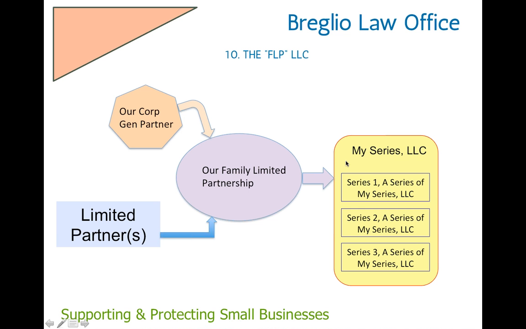That is bad because the owner of that LLC is the partnership. So the money from the LLC has to go to its owner, which is the partnership. And then when money comes out of the partnership, it has to go to all partners in proportion to their interests. So that means that some of that money had to go to the children in their 1% or 2% interest, whatever they happen to have.